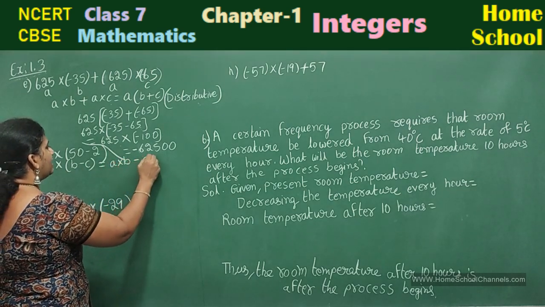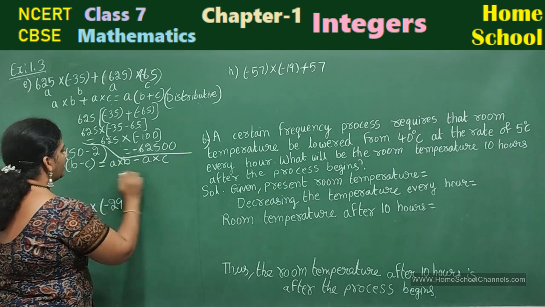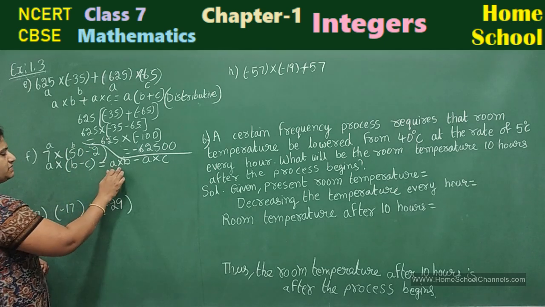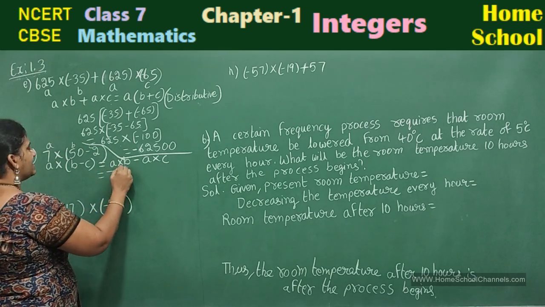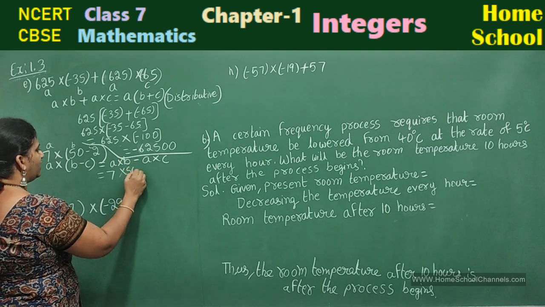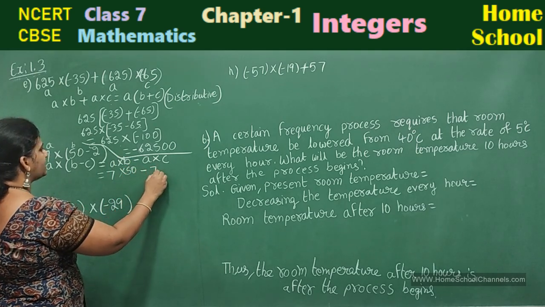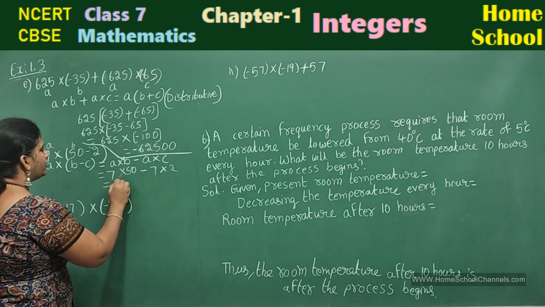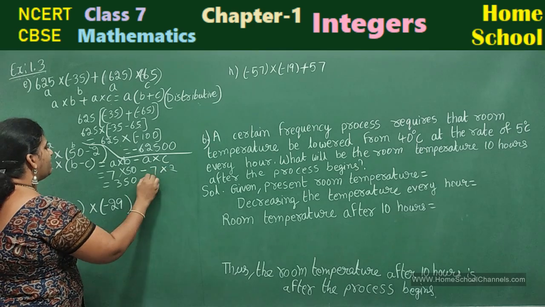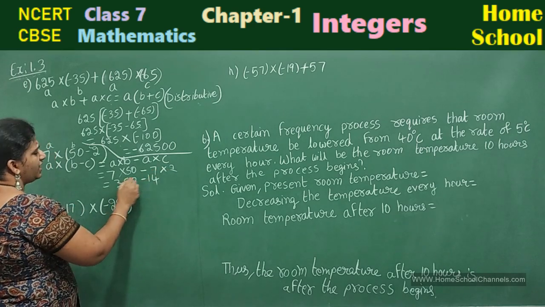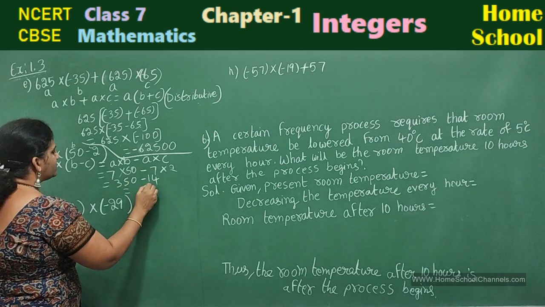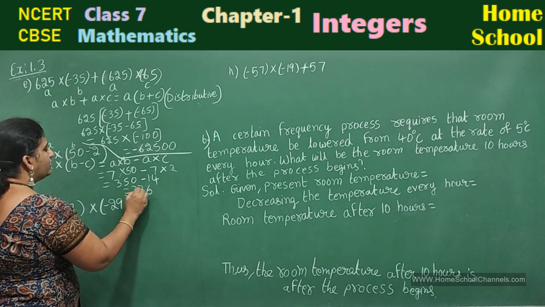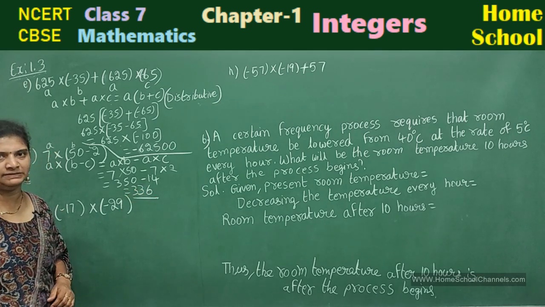A into B minus A into C. Okay, substitute A, B, C. A value is 7. 7 into B value, 50, minus A value 7, C value 2. 7 50s are 350 minus 7 2s are 14. 350 minus 14: 10 minus 4 it will be 6. And here 4 is left. 4 minus 1, 3. 336 is your answer.